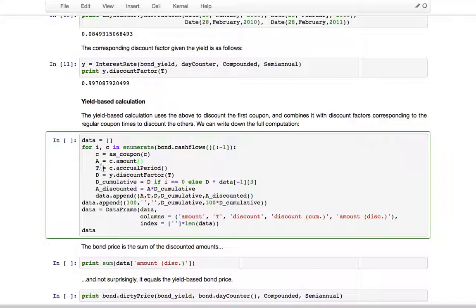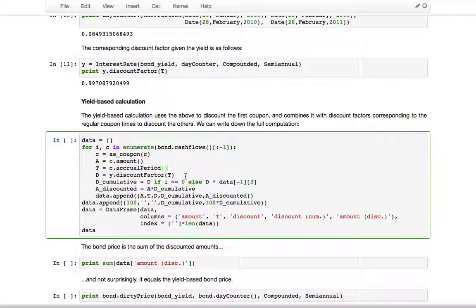For each of the amounts, we get the corresponding accrual period, and here the coupon is able to pass both the start and end date and the reference period, the start and end of the reference period of the coupon, not just of the coupon itself. So here we get the correct T according to the convention and the frequency of the bond.